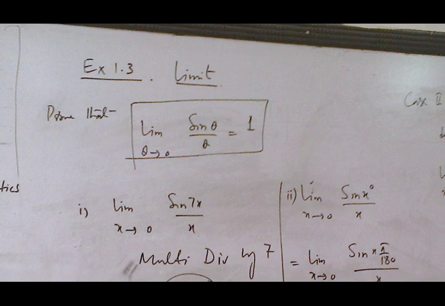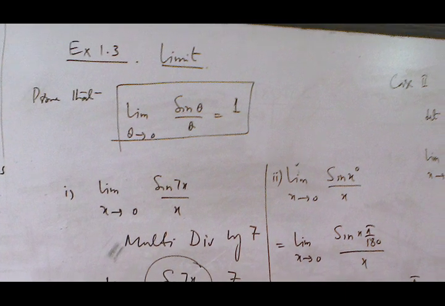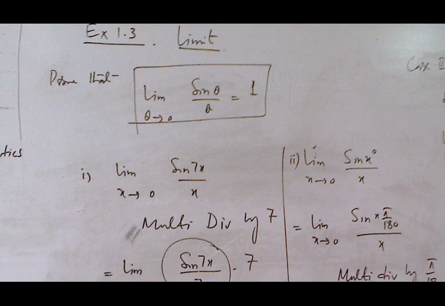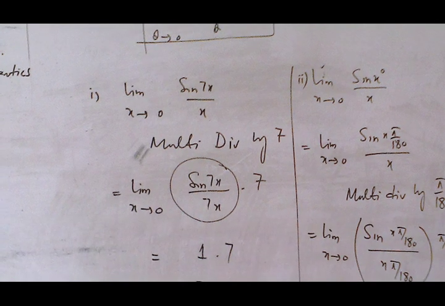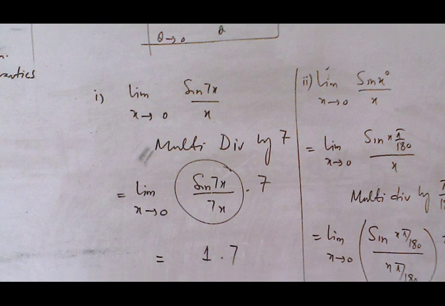In question number 3 we use the formula: limit theta tends to 0 sin theta over theta is equal to 1. Here we have sin 7x, we multiply and divide by 7.